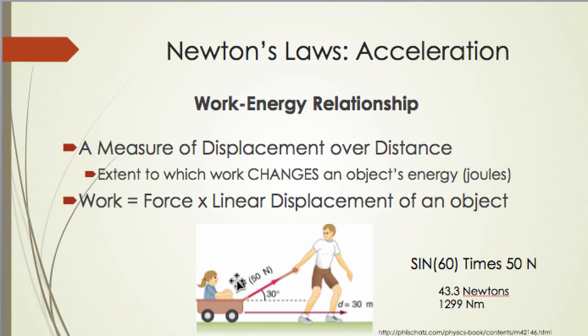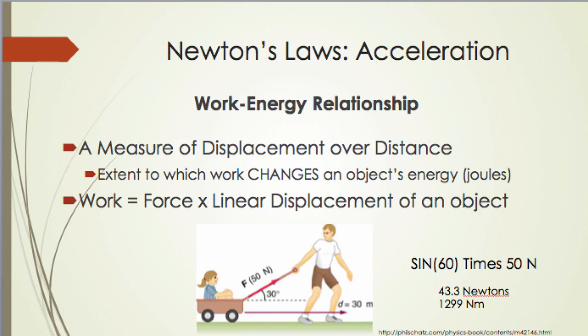So just remember that the angle of pull is going to have a great deal of influence on the actual force being produced. We're going to see that a lot more in our upcoming problems. So let's think about this picture for a moment.